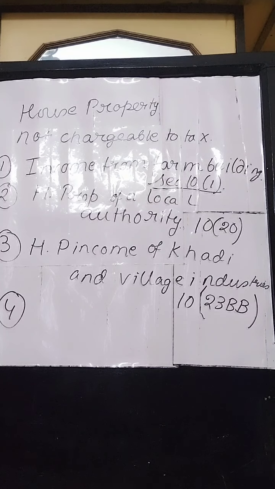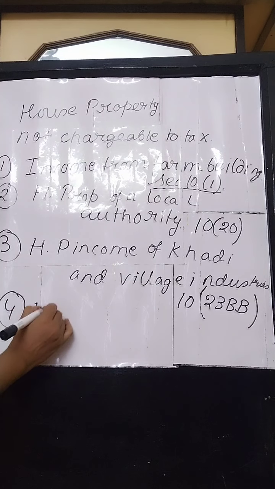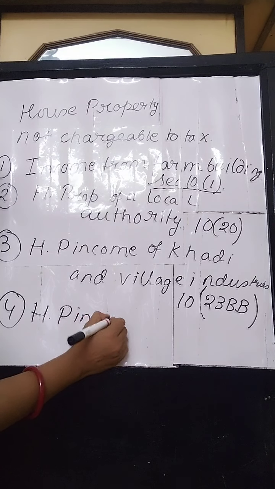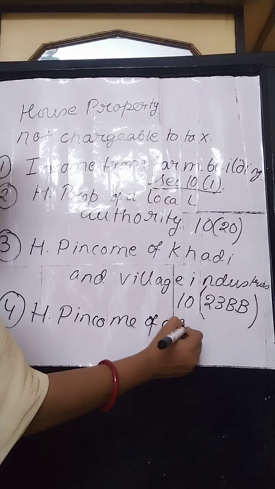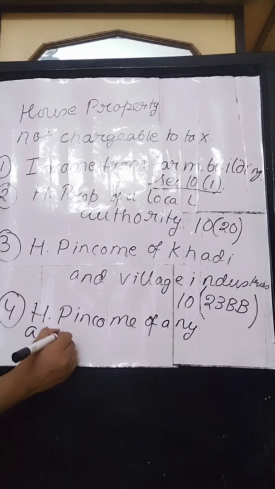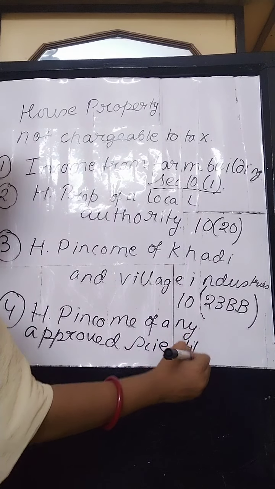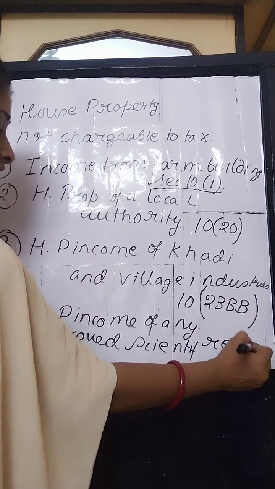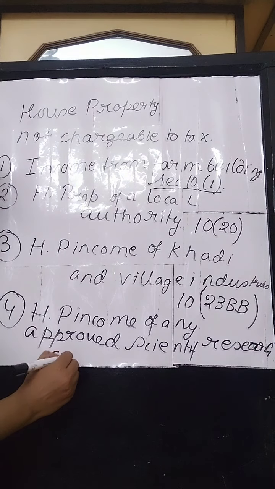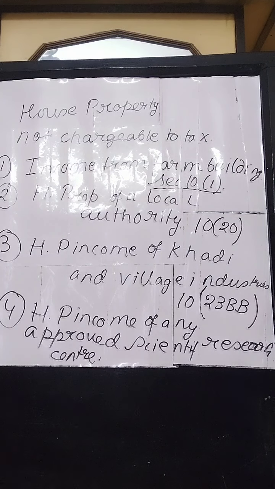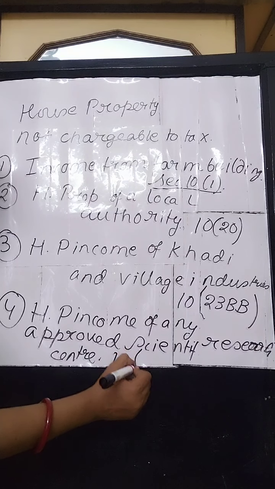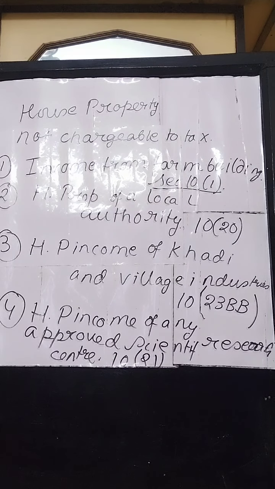Number 4, house property income of any approved scientific research association or research center, under section 10 subsection 21.